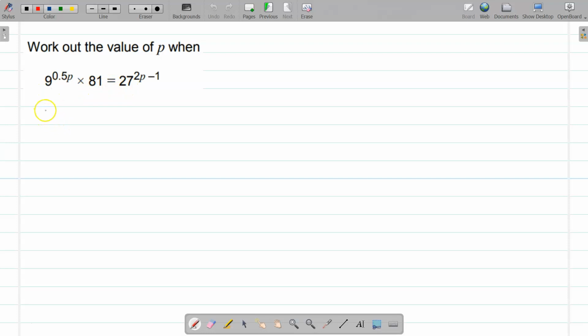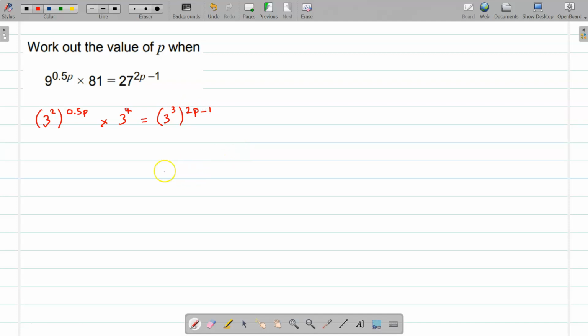So my first step is to write this as 3 squared to the power of 0.5p, multiplied by 3 to the power 4, and that's equal to 3 cubed (27) to the power of 2p minus 1.